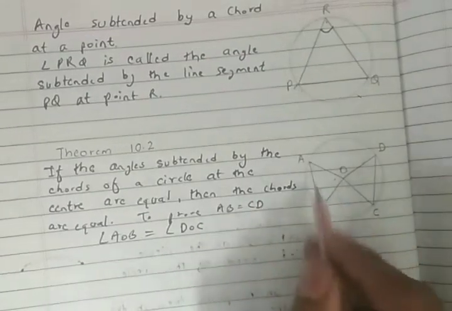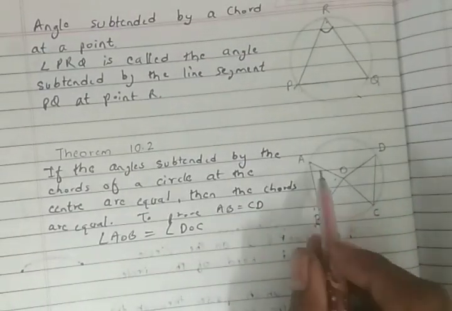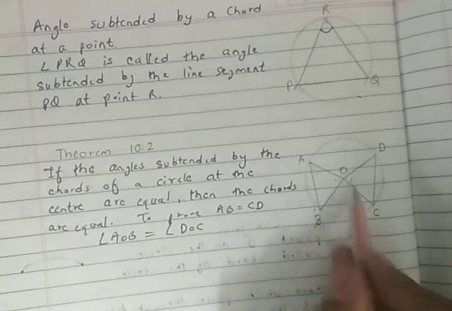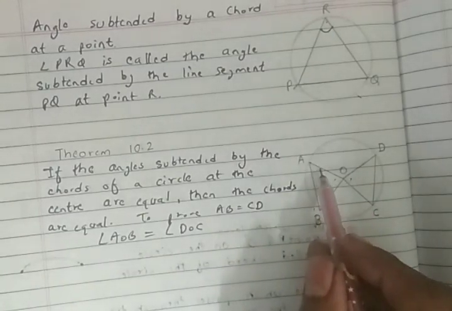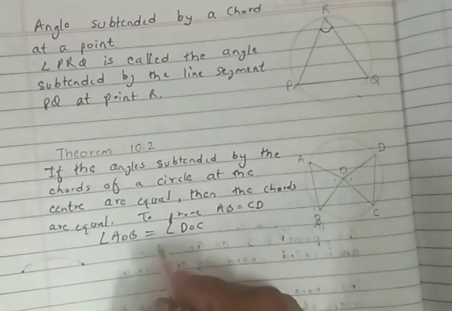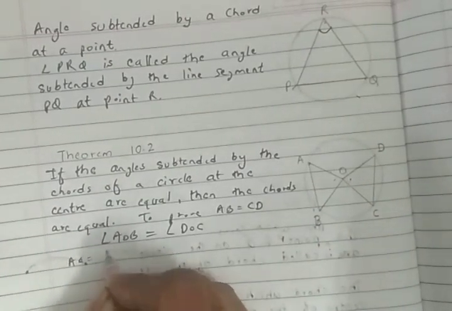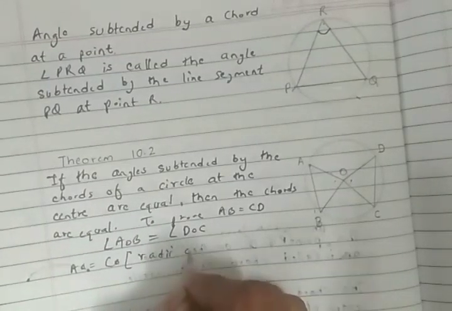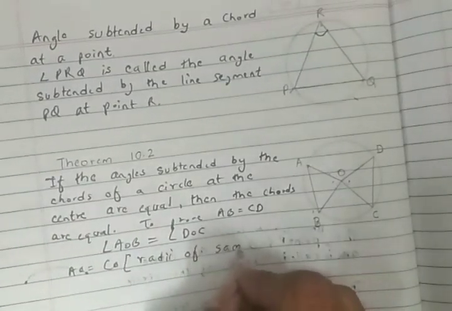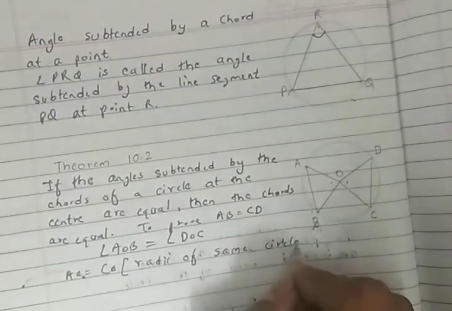Now if we take these two triangles, we can say that AO and CO are the same. Why? Because they are the radii of the same circle. We'll write it down, AO equal to CO, because radii of same circle.